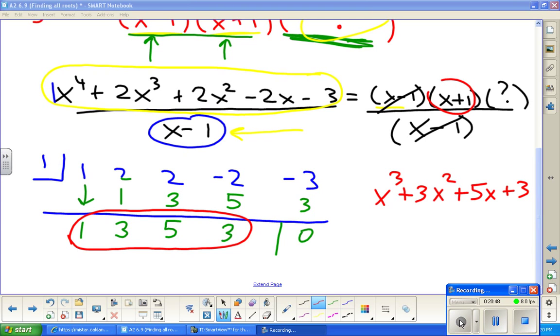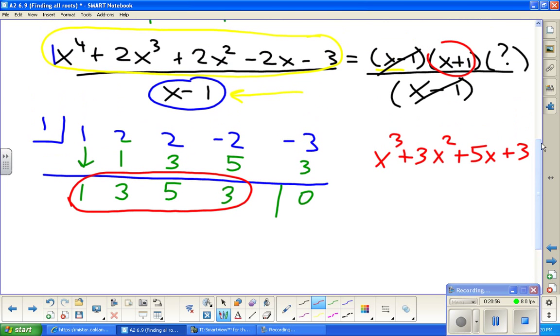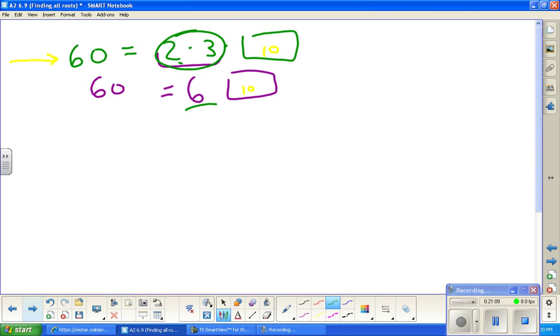Okay, so now what we did, now we're to the point where we have a 3rd degree, and we need to divide that now by the other factor that we haven't divided by yet. Okay, this is the second division part. Like with the 60, remember we divided by 2, and then we divided that answer by 3.